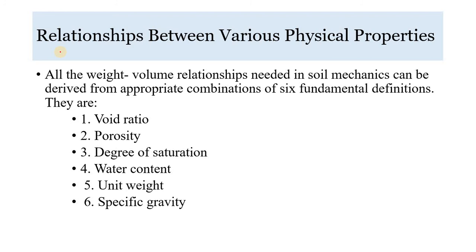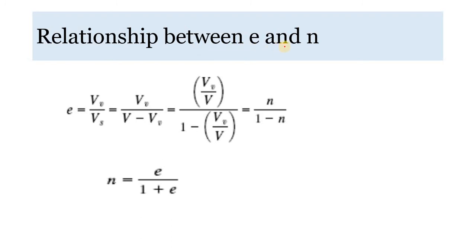Now we see about the relationship between various physical properties. There are 6 relationships. You can see that first is the relationship between e and n, that is void ratio and porosity. We know that void ratio is the volume of voids to the volume of solid.